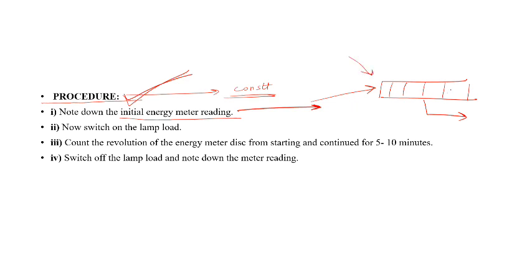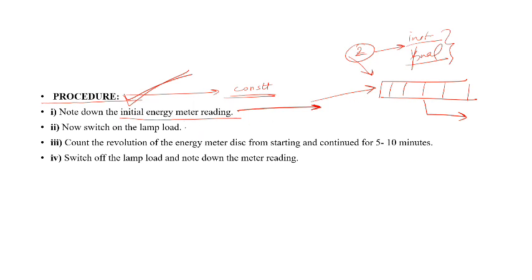This dial does not reset to 0, meaning once you have turned on your load, this dial must have moved to a specific value. So to find out how much energy you have consumed, you will require two values: first your initial value and second your final value. After subtracting these two values, we'll be able to find out how much energy our load has consumed during that given period of time.